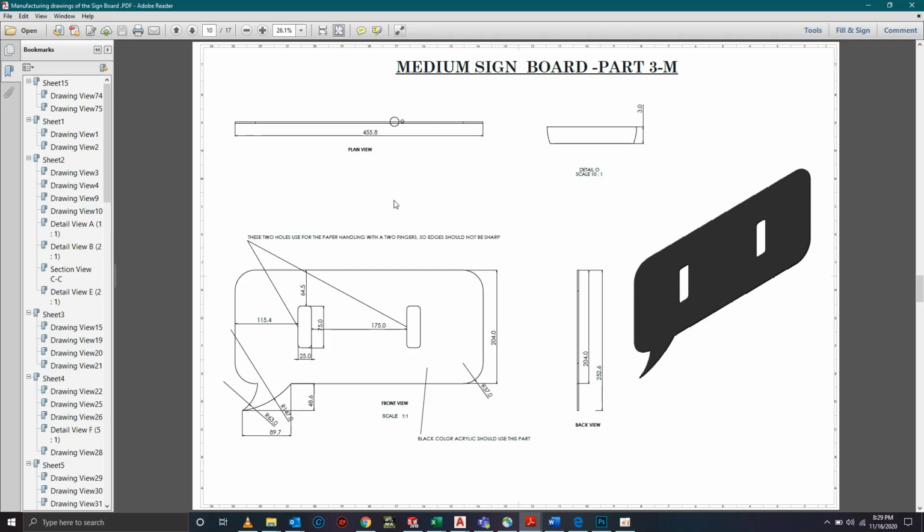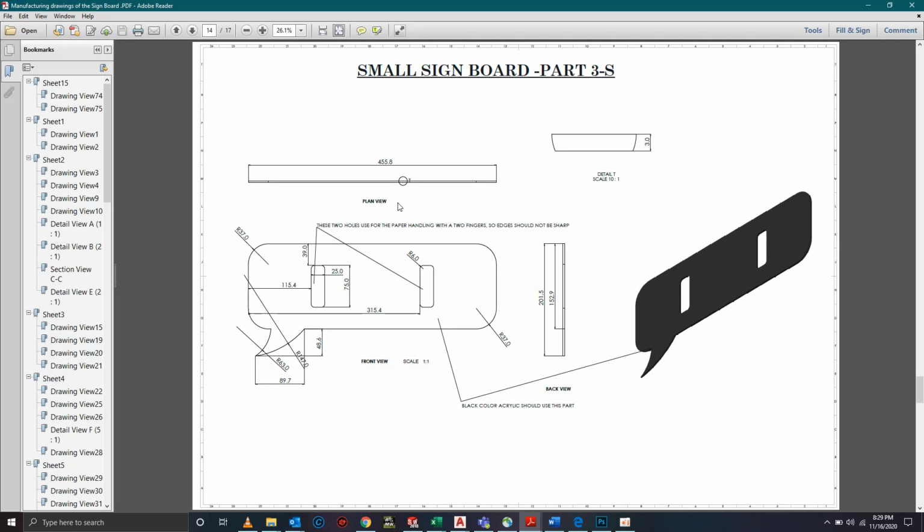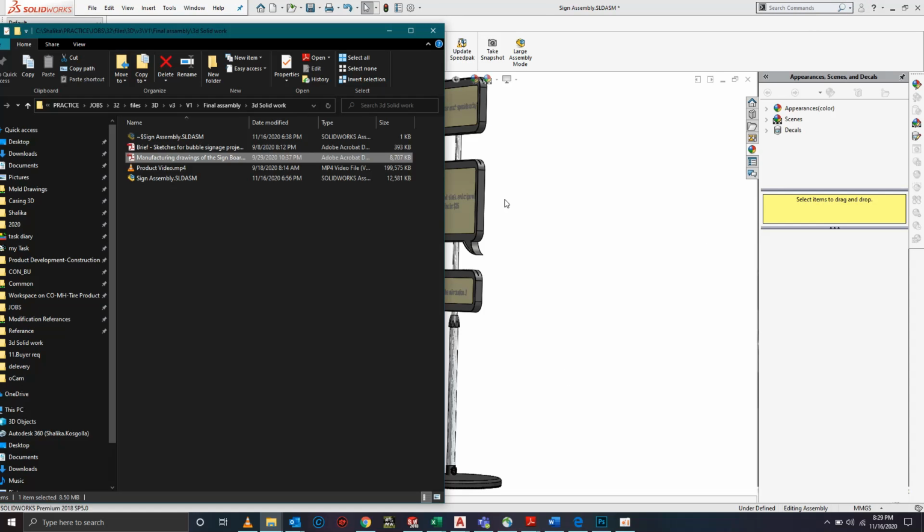Also, if he has any inconvenience, he can use the 3D files, because we make all the files in 3D, so he can understand through the video and the original 3D files he has. We give all the source files, he can use them, and he can get a 100% idea of what was generated from the customer's mind. So let's go to the next design that we have done.